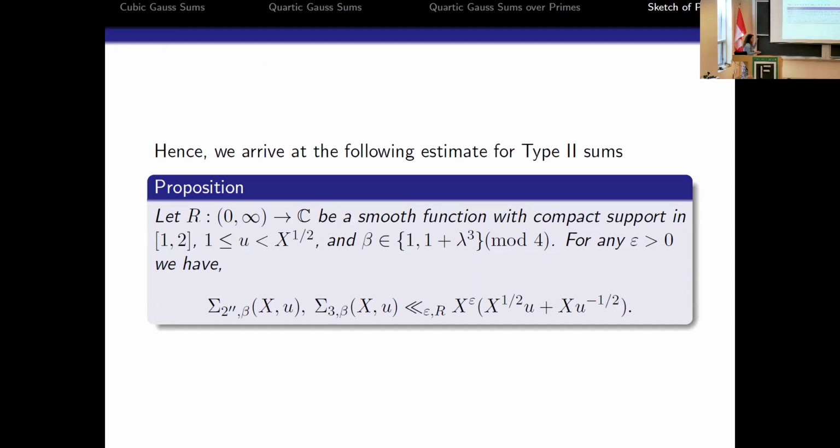In our previous setting, we required u to be less than x to the 1/2 because there was an extra sum in Vaughn's identity, which is sigma 4. If you assume that u is less than x to the 1/2, then you can just drop that sum. We did that. But here in particular, if you choose u to be x to the 1/3, then you would get that x to the 5/6 term that you saw in our main result.